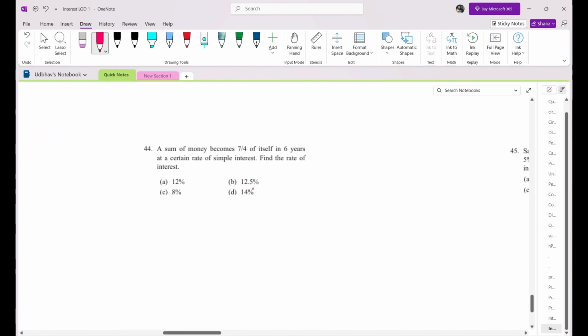A sum of money becomes 7 by 4 of itself in 6 years at a certain simple rate. Find the rate of interest. So if the sum was x, it became 7 upon 4x.